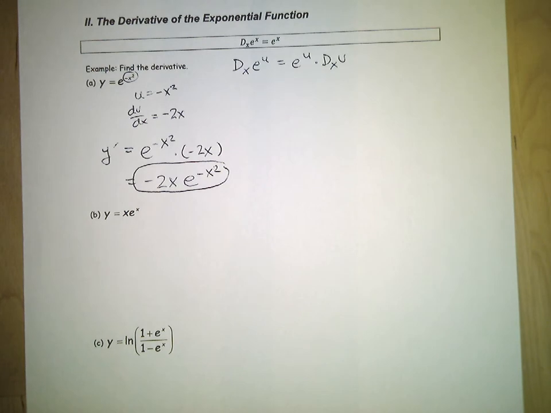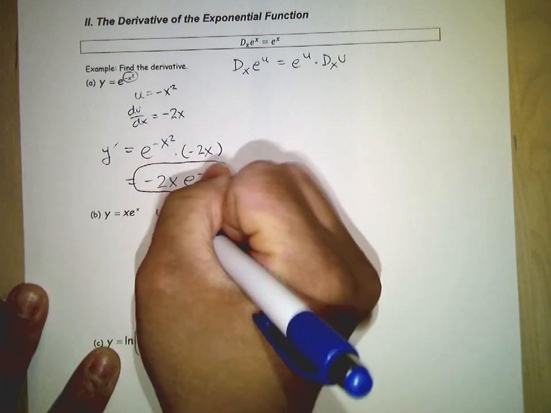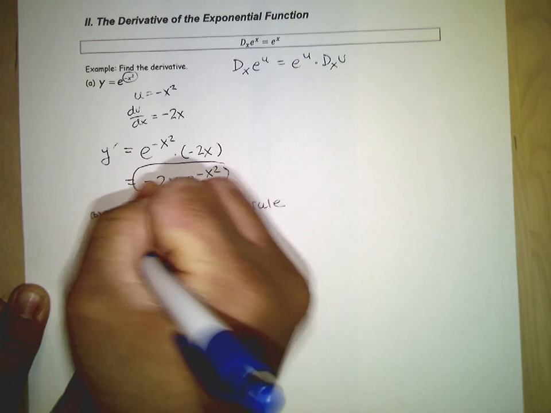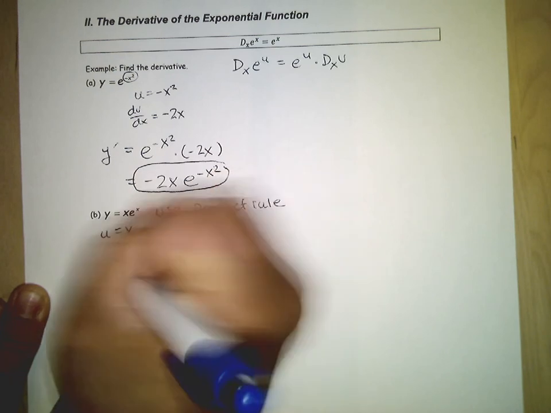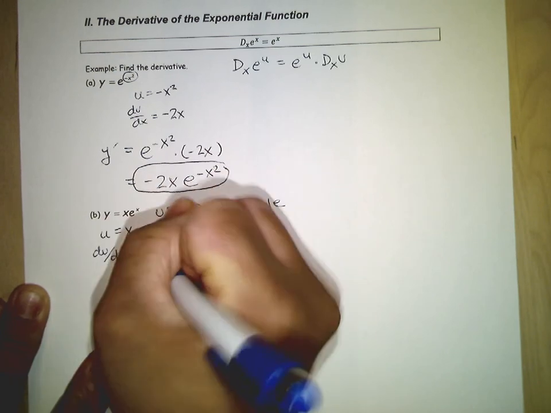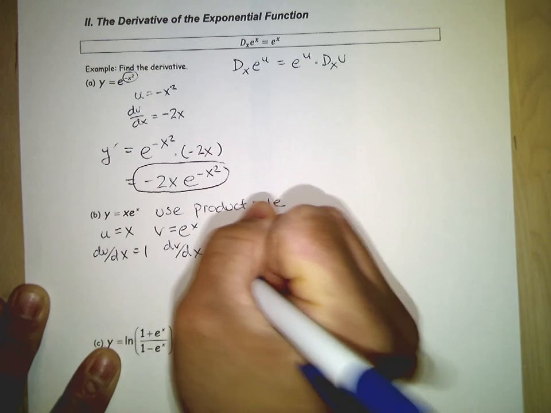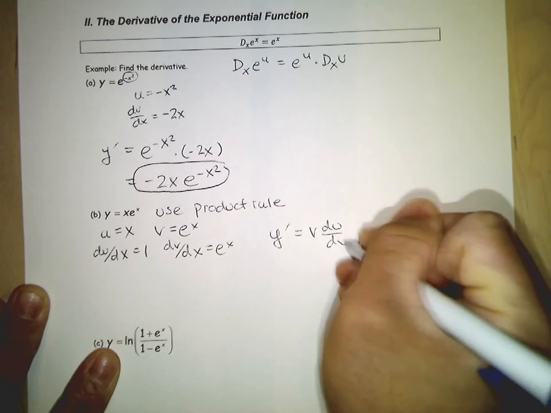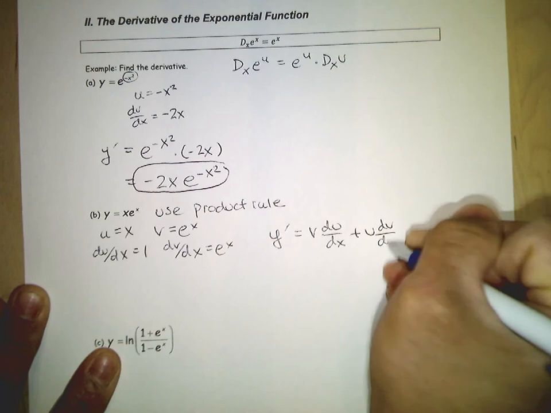All right, so part B here, y is equal to x e to the x. I need to use the product rule here. So u will be x, v is e to the x, du dx is 1, dv dx is e to the x, so y prime is v du dx plus u dv dx.